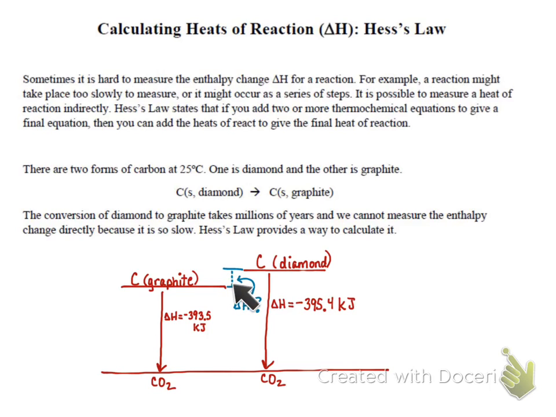And what we can do is this conversion from diamond to graphite is this delta H here, and it turns out that we can use the known values to figure out using algebra what this little unknown value is going to be.